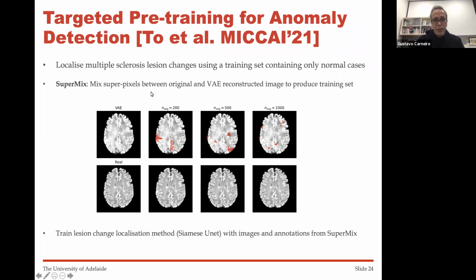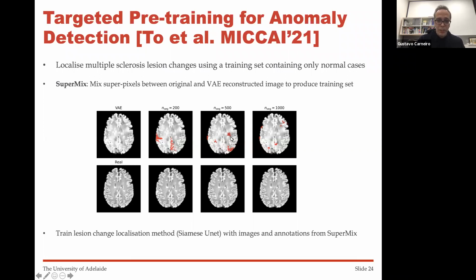So the way we decided to implement this lesion change detection was using a reconstruction from a VAE, and then using superpixels to mix up superpixels from the reconstructed image and the real image. What you can see here is the VAE reconstruction, the real image, and what you see in red are the superpixels that are passed from the VAE to the original image.